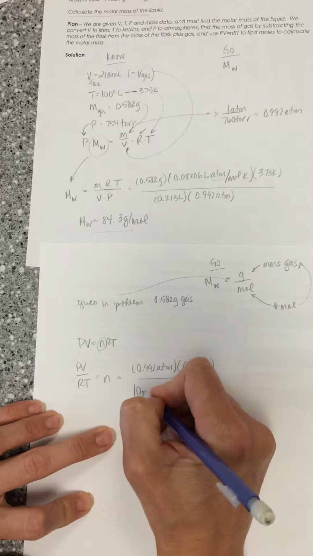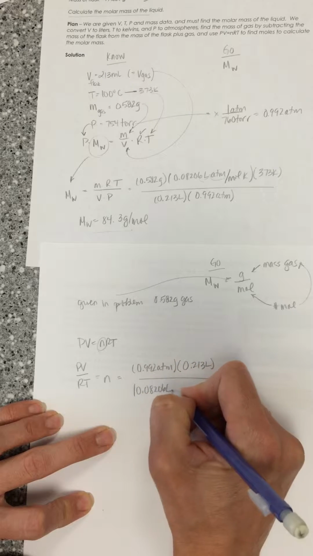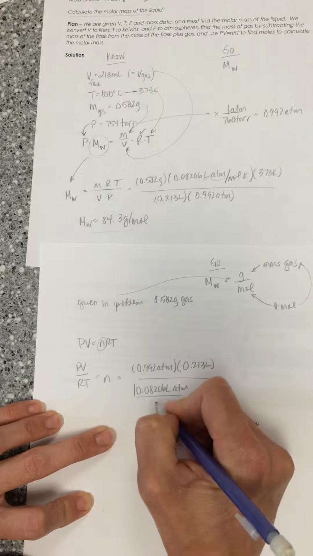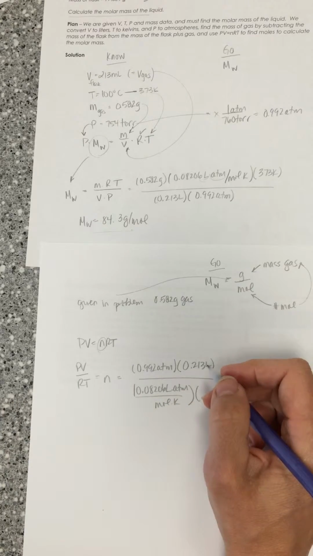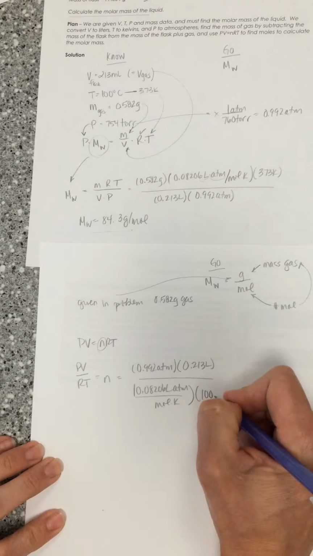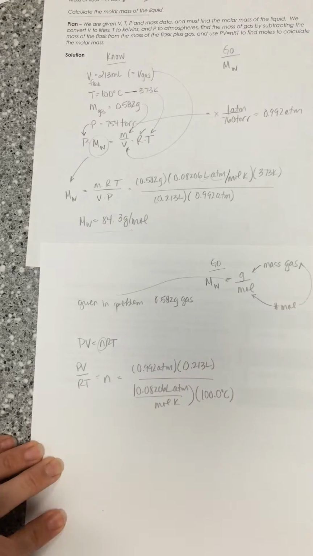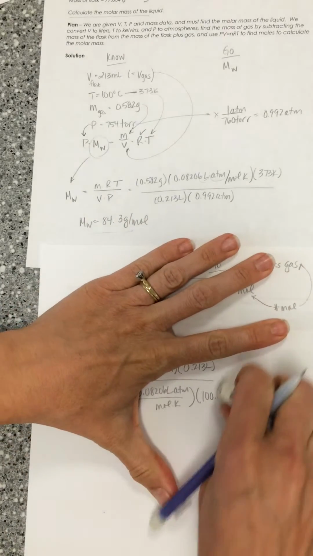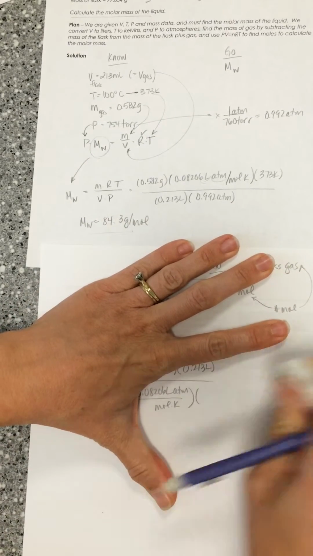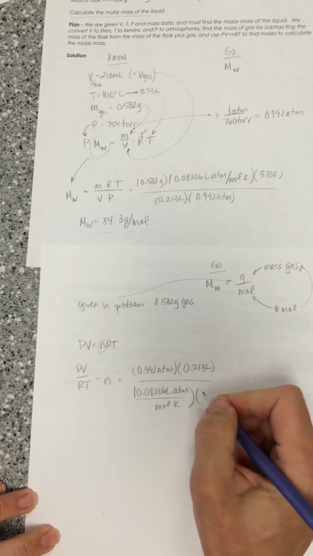Again, R is our same 0.08206 liter atmosphere per mole Kelvin. And again, the temperature of that vaporized gas was the same as that of boiling water, which was 100 degrees C, which we need to convert to Kelvin. So sorry about that, which is going to be 373 Kelvin.